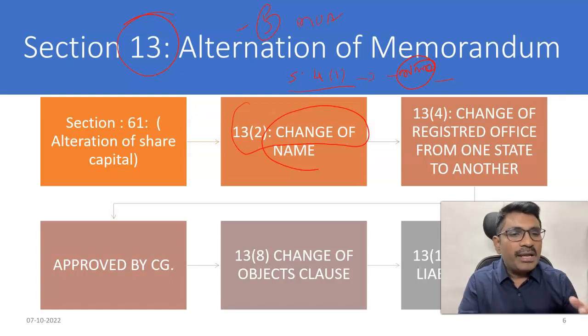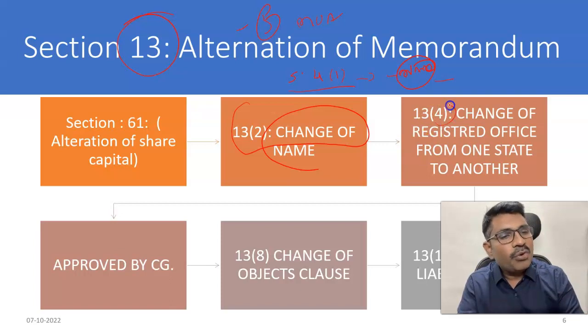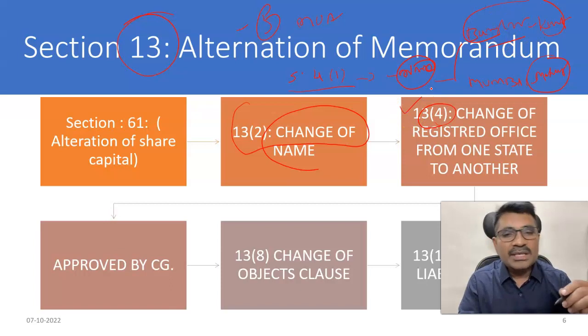In a similar way, section 13 clause 4, for the registered office: as I told earlier, if the office is in Mumbai and you want to shift to Bangalore, because there is a change of state, from Maharashtra to Karnataka, then it can be amended under the provisions of section 13 and clause 4.